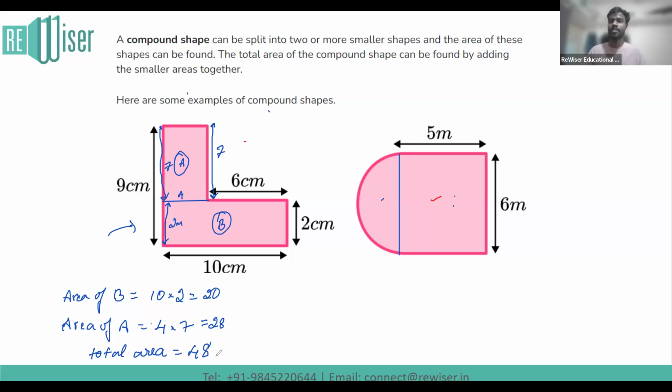Got it? Did you get this, Ruchika? Yes. Okay. Now, can you find out the area of the second shape? So in the second figure, I'll take this to be shape A and this to be shape B. Do you know the formula to calculate the area of a semicircle?